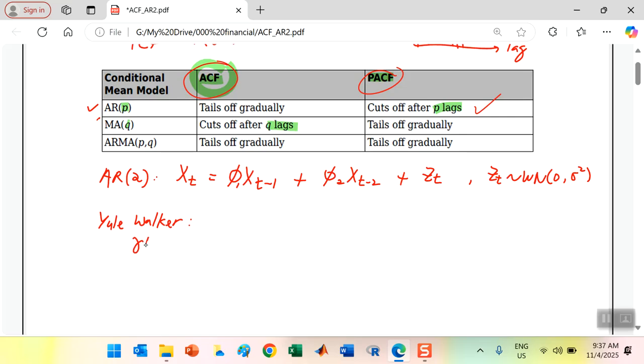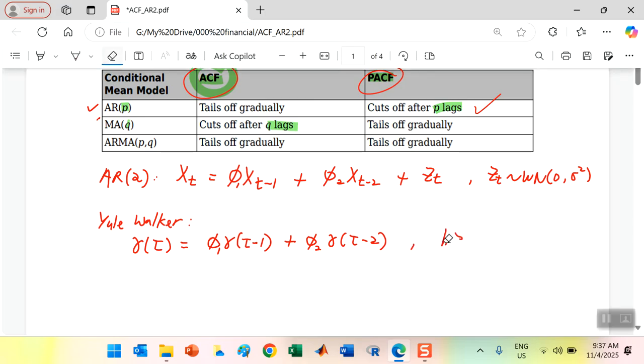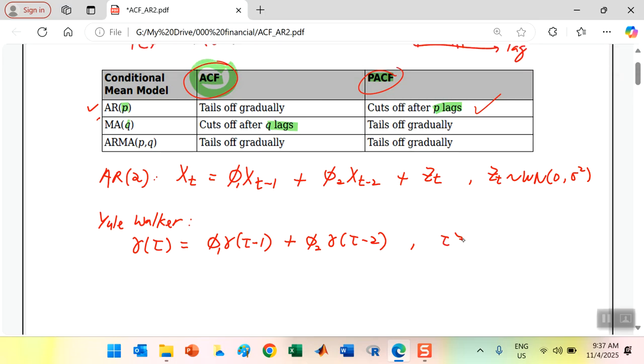In general, this is the covariance at lag tau minus 1 plus phi 2 at lag tau minus 2, for any lag tau more than 2.